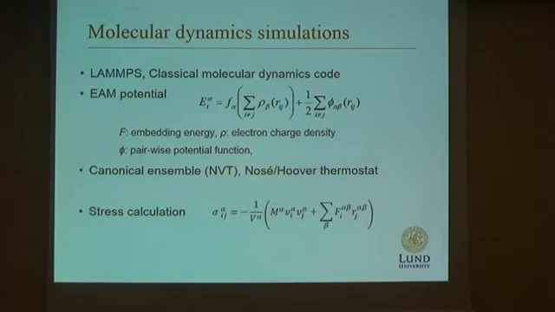And then the second term here is a pairwise potential function. We use a canonical ensemble in the simulation with the Nosé-Hoover thermostat. And the stresses in MD simulations are calculated according to the common procedure used in molecular dynamics.